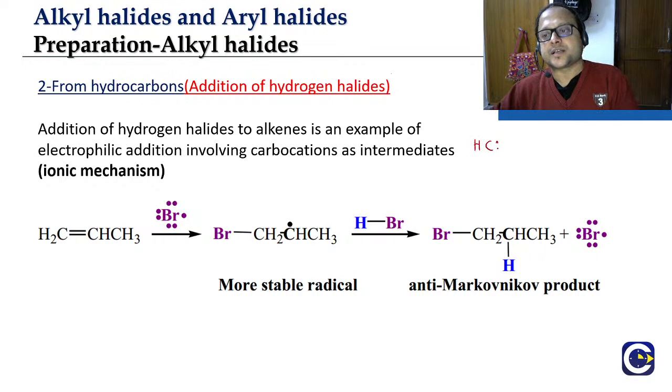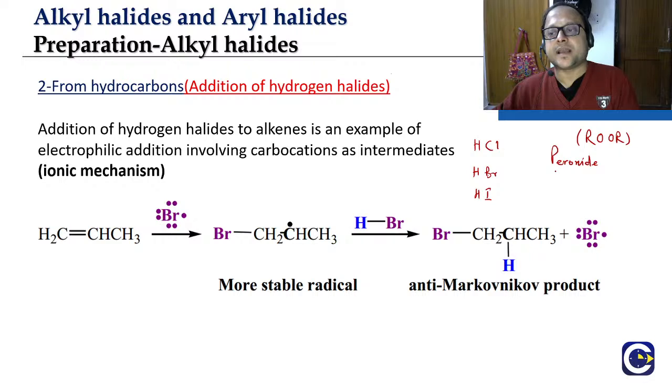Out of HCl, HBr and HI, organic peroxide, that is ROOR, can only influence HBr. It cannot influence HCl and HI.